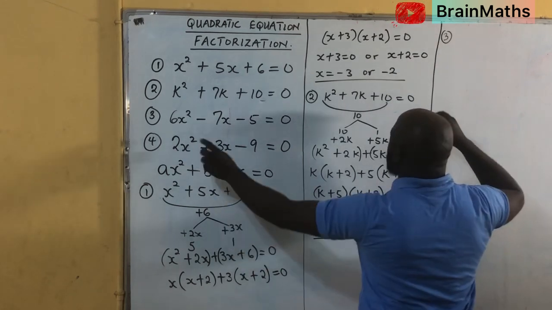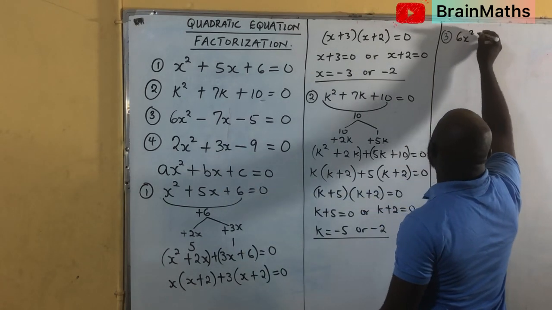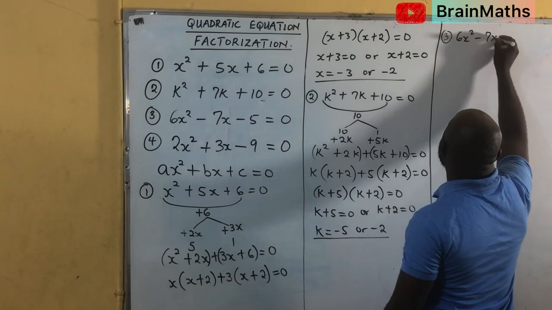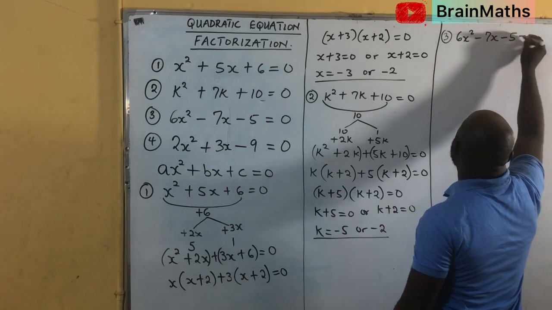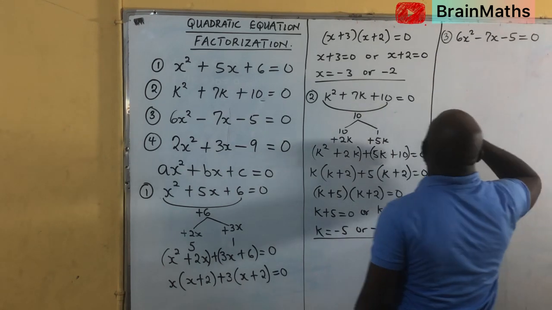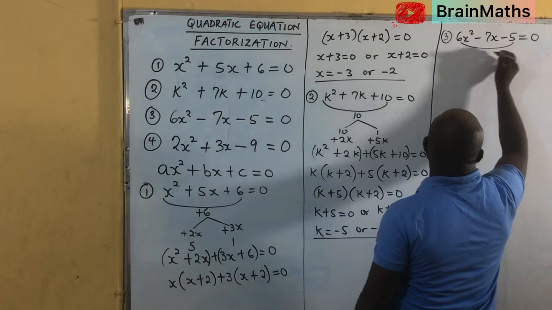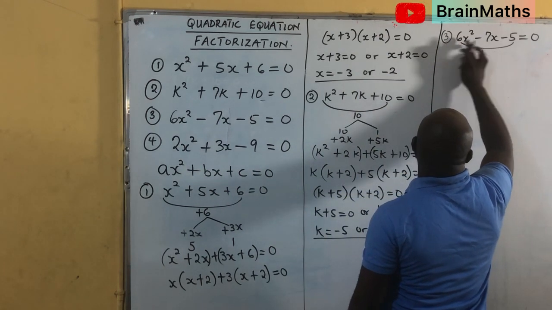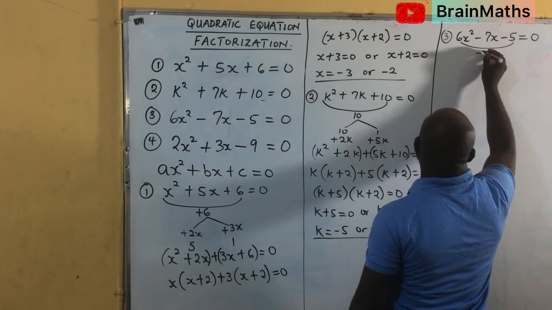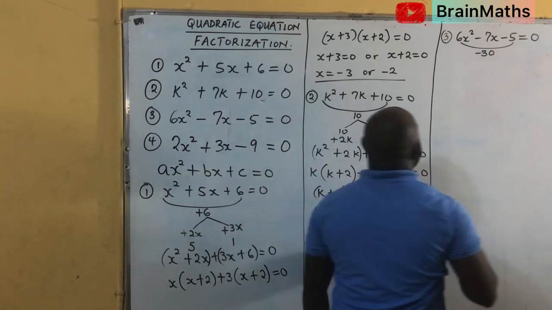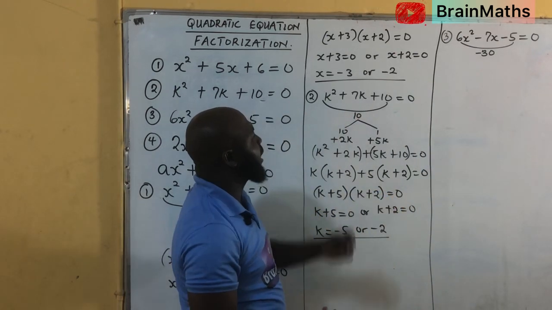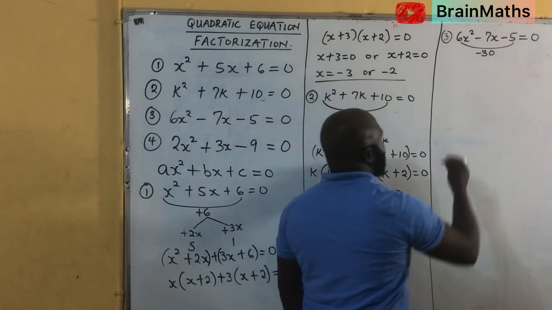Question number 3 says 6x squared minus 7x minus 5 equals 0. Multiply the 2, we have 6 times minus 5, which is minus 30. The next thing is to find the products of 30.